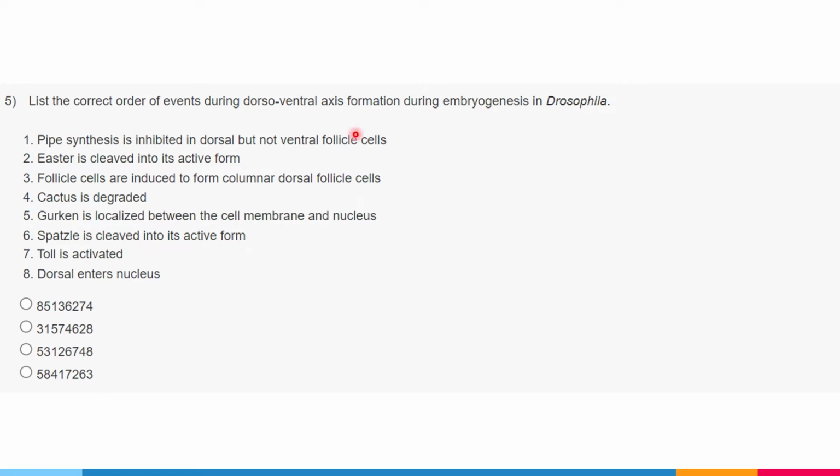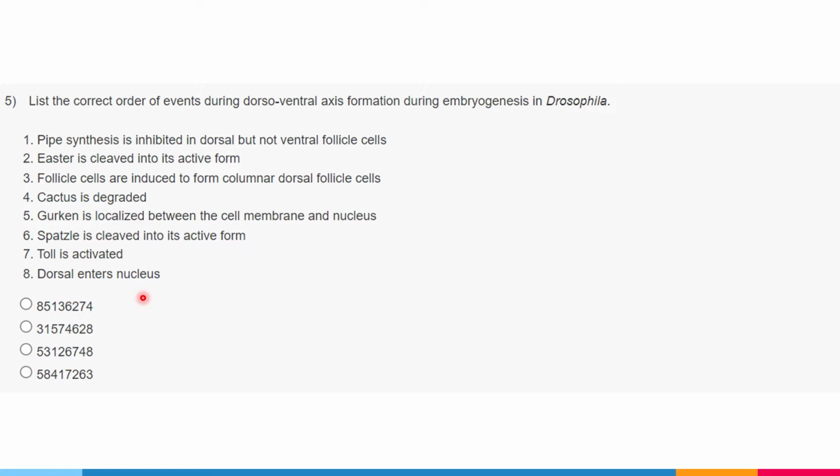The events are: pipe synthesis is inhibited in dorsal but not ventral follicle cells. Easter is cleaved into its active form. Follicle cells are induced to form columnar dorsal follicle cells. Cactus is degraded. Gurken is localized between the cell membrane and nucleus. Spatzle is cleaved into its active form. Toll is deactivated, and Dorsal enters the nucleus.